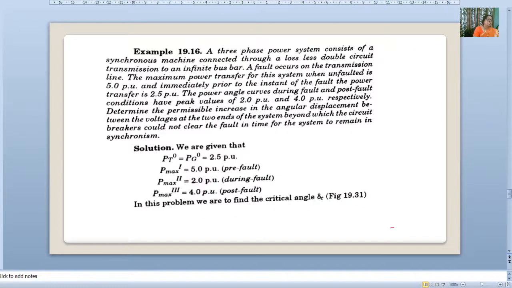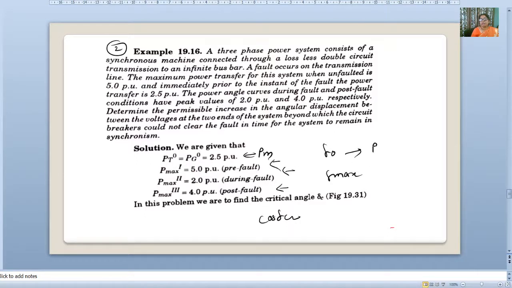Now we'll consider the second example. In this example, PM, P max 1, P max 2, P max 3 are given. This is a very simple problem, so we can directly put values in the equation of cos of del CR. The only thing is that we need to find del 0 and del max.